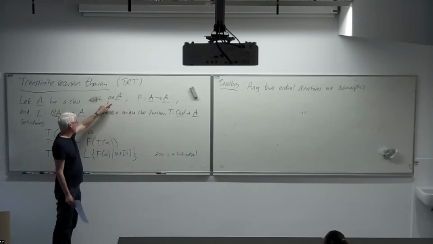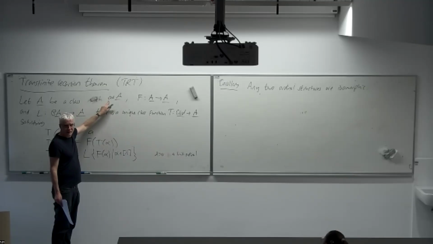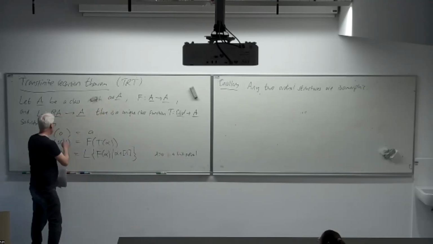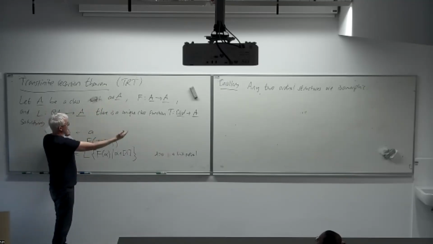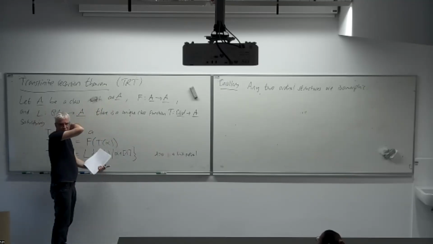We take 0 in that ordinal structure for little a. So we get 0 preserved in this direction. We do the opposite thing to get a function back in the other direction.